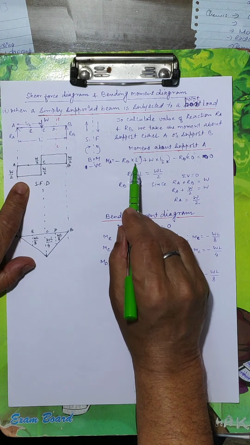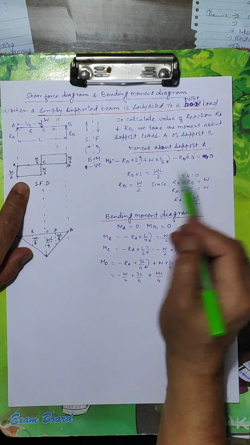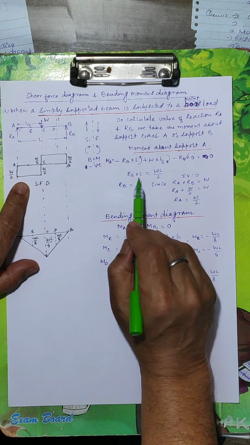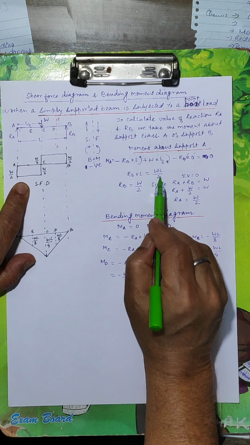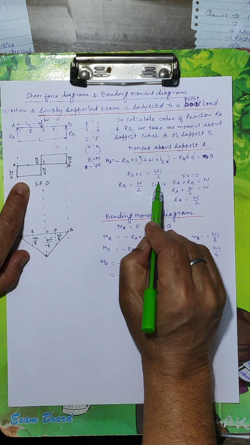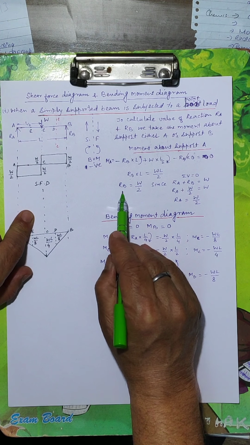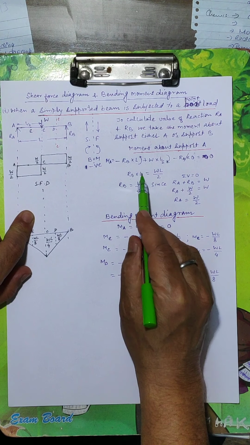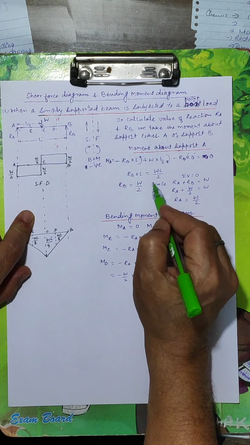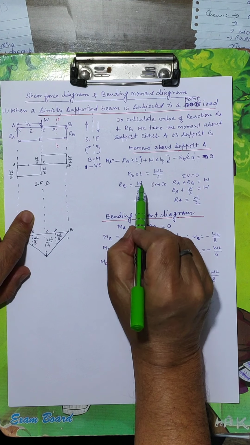Then RB into L is equal to WL upon 2. By solving, L cancels with L, and RB is equal to W by 2.